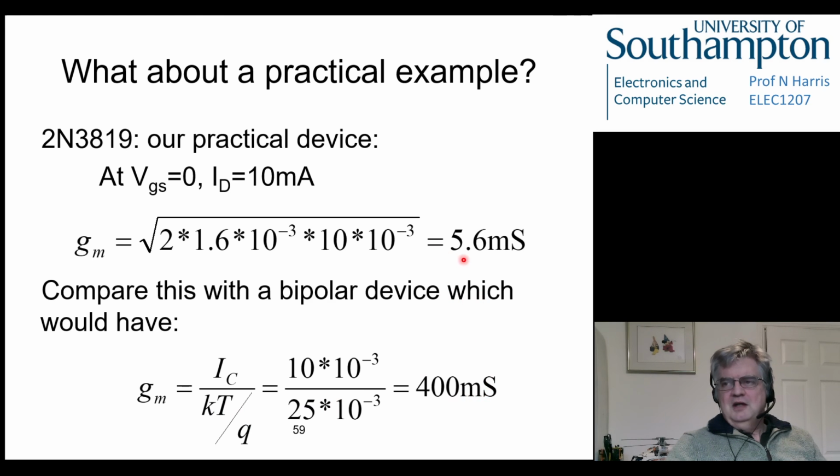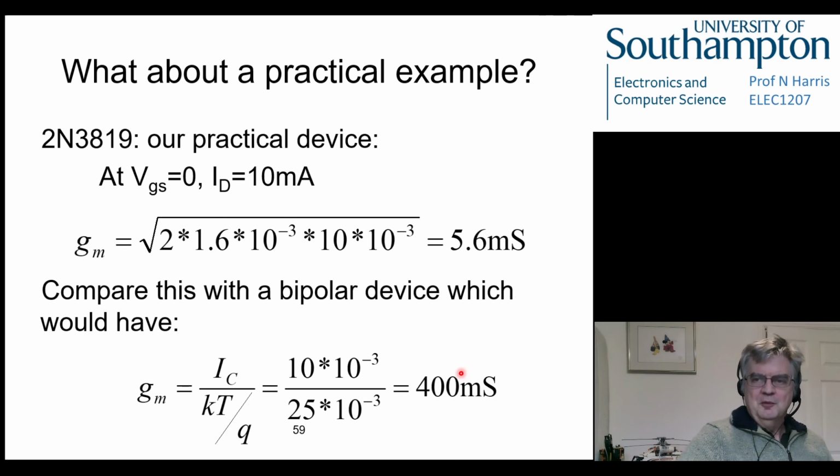So the internal gain of the FET for the same bias currents is a lot less than for the bipolar device, which sort of gives you a clue as to why people maybe prefer bipolar devices for amplifiers, because the internal current gain relationship is higher than for an equivalent FET.